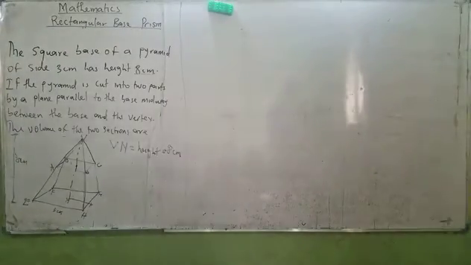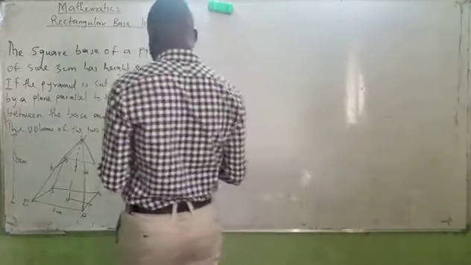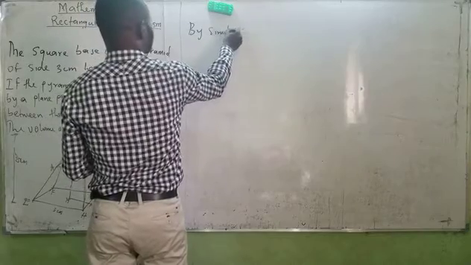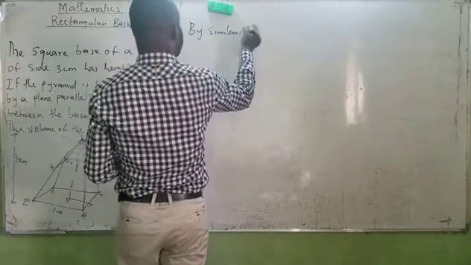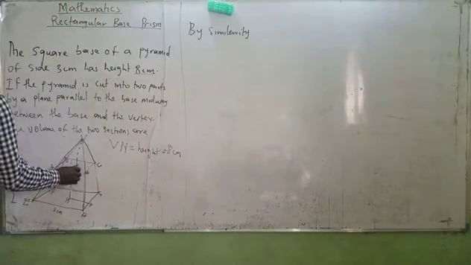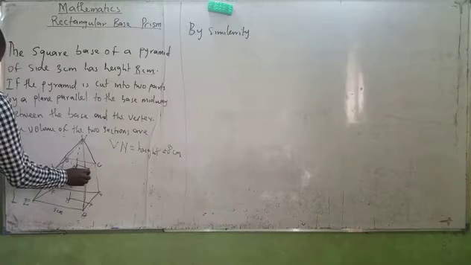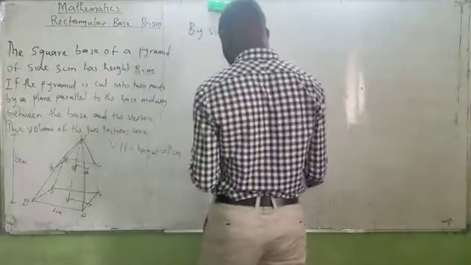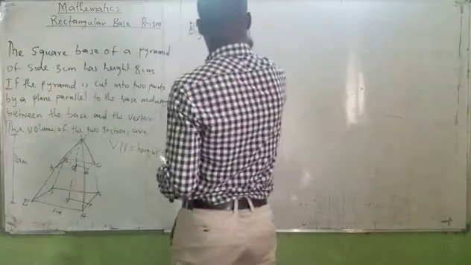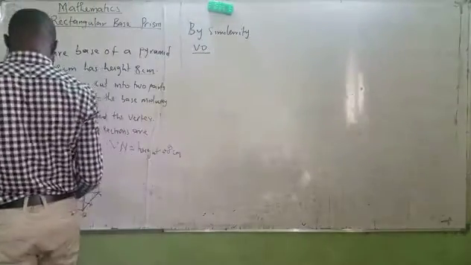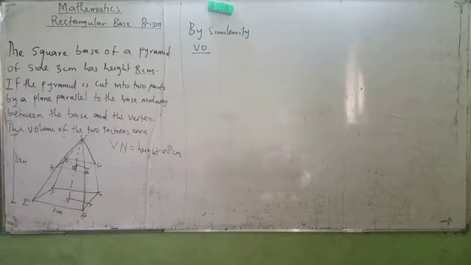With the help of the midpoint theorem, I can now say that with the help of similar triangles, by similarity, it will be what? Let me just put this as O. Don't forget that it can also mean something here. Now, by similar triangles, I can say that VO divided by VN, which is, I'm trying to work on this place.